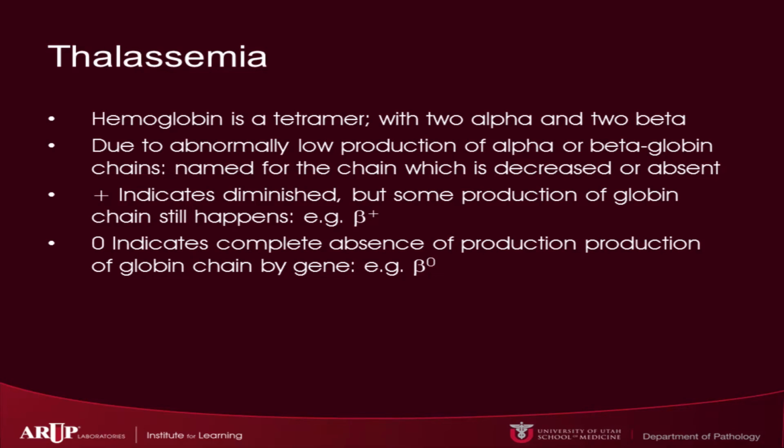So there's a lot of genetic heterogeneity behind the beta plus, but it simply means that there is a reduction in the production of that particular chain. 0 indicates complete absence of production. So if it's a beta 0, that means the beta allele is not functioning and not producing any beta chain. So that's the basic definition of thalassemia, plus and 0.